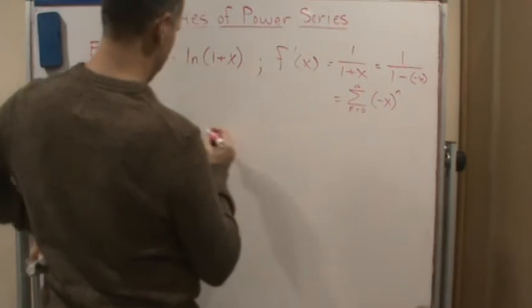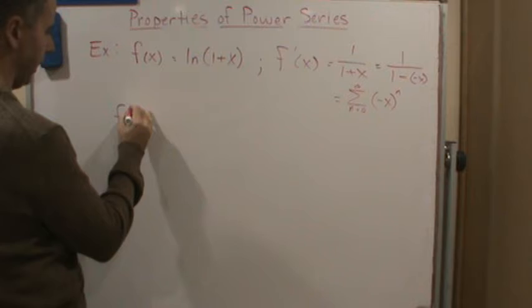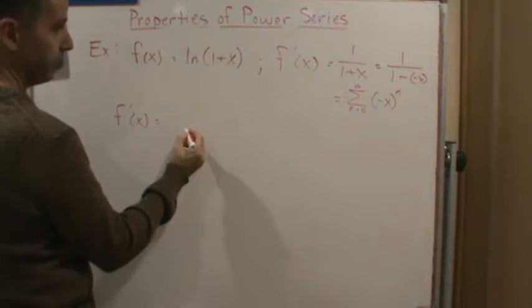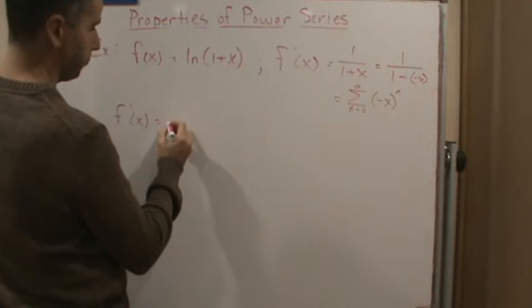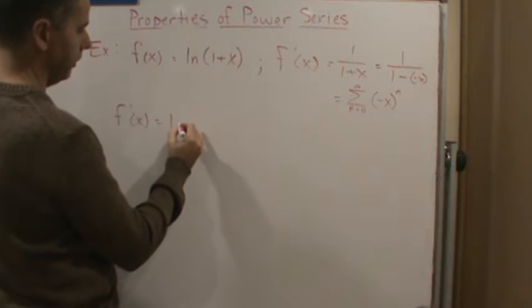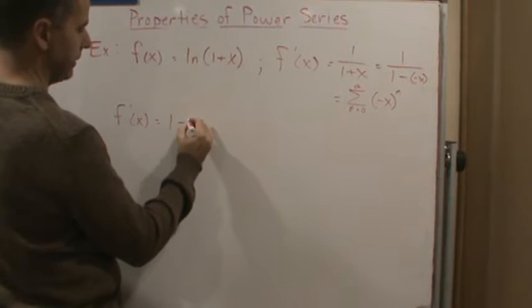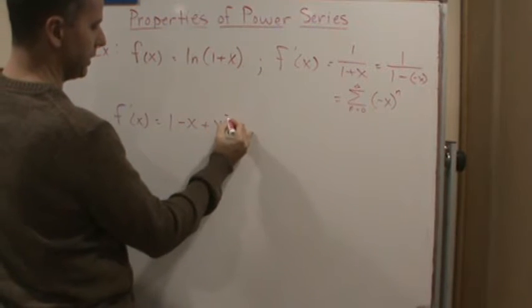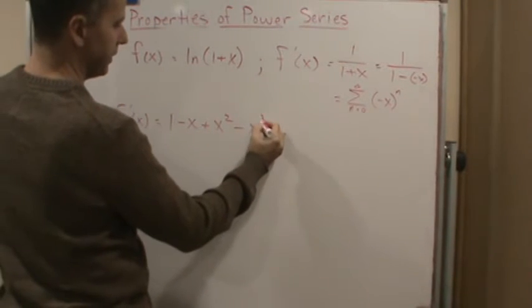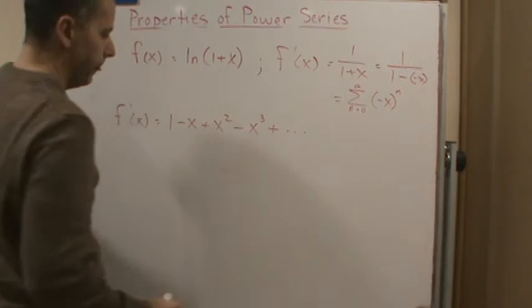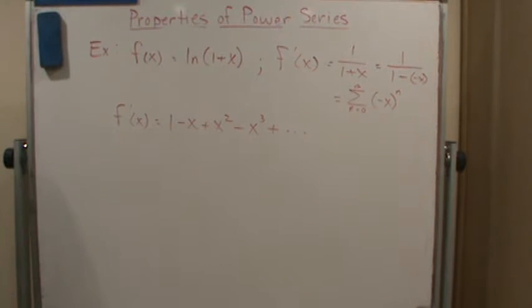Now, what is this equal to? Well, f prime of x is going to be 1 minus x plus x squared minus x cubed, and so on. Okay, so now, here's the thing.